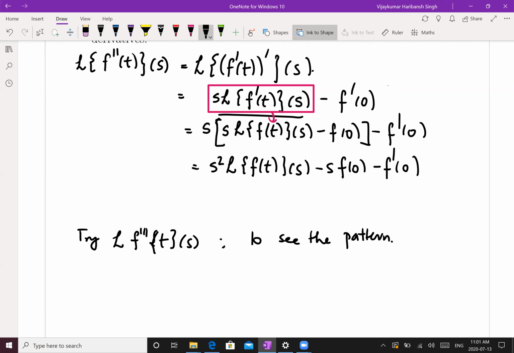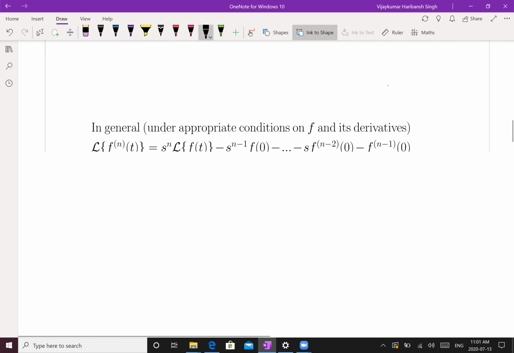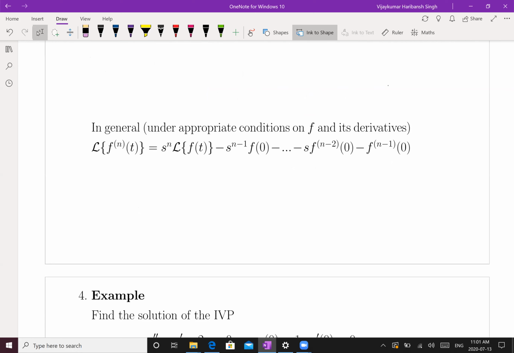And you'll observe the following pattern, that the Laplace transform of the nth derivative is s to the n times L of f of t evaluated at s, minus s to the n minus 1 times f of 0, and so on all the way until this. So this has to be s here and there has to be an s here. Okay, so this is the Laplace transform of the derivative.